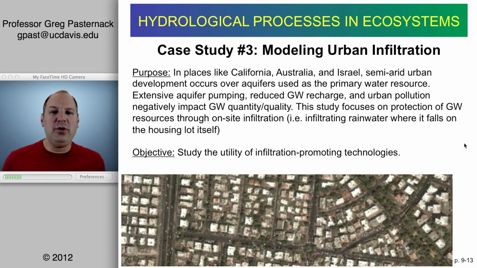Okay, the next thing I want to do is take a step back and look at some analysis that was done using computer simulations to try to assess potential benefits of promoting more infiltration. So in places like California, Australia, and Israel, which are semi-arid urban areas, we tend to be hurting the recharge to the aquifers. These are states and countries where cities rely very heavily on groundwater.